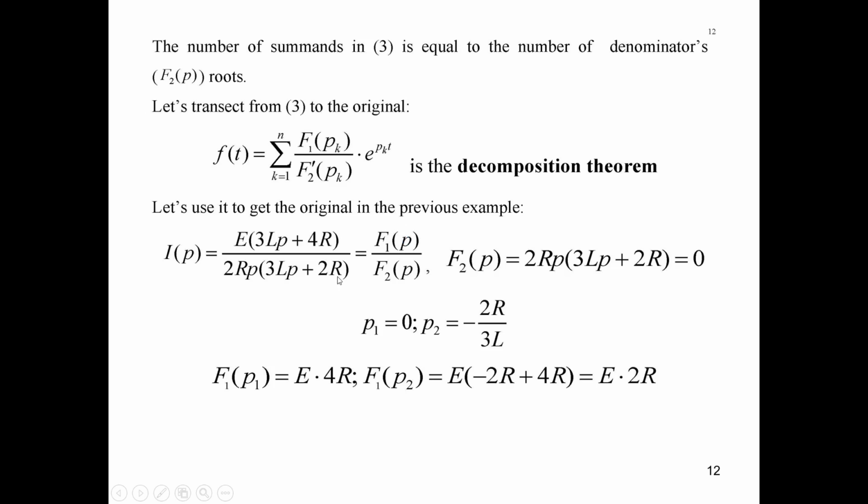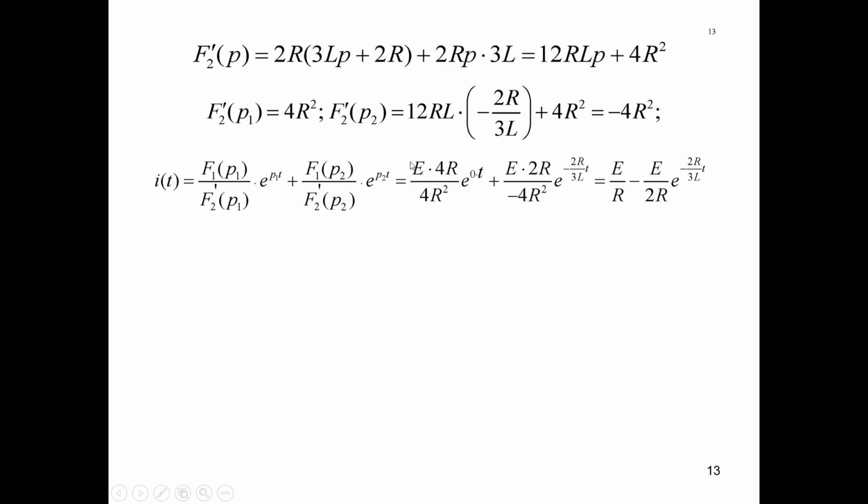Okay, then we have made all the necessary calculations. So we should substitute the obtained expressions into this formula. It will be phi1 from p1 over phi2 prime from p1 multiplied by e in the degree p1 t, plus phi1 from p2 over phi2 prime from p2 multiplied by e in the degree p2 t.